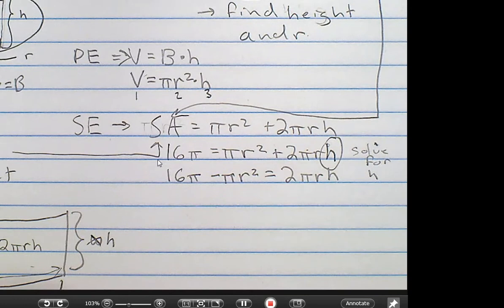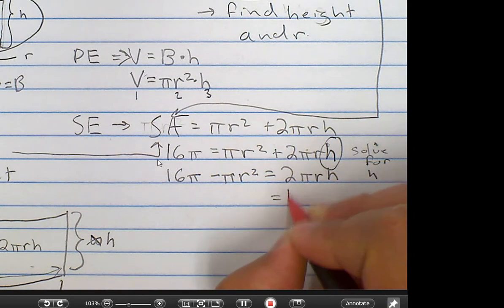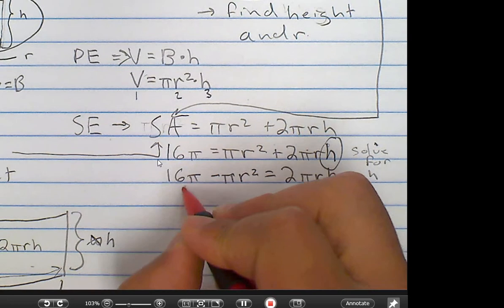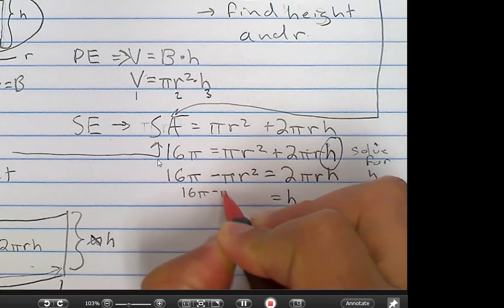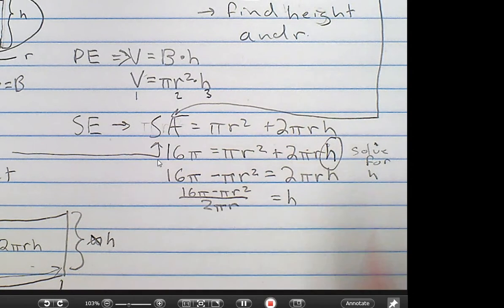Okay, so we minus the pi r squared. Next step, divide by 2 pi r. Now, it's been my experience that simplifying now is not necessary, maybe, because you're always going to have to simplify later.